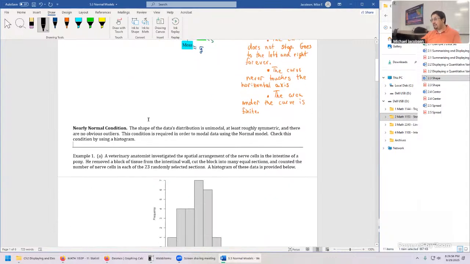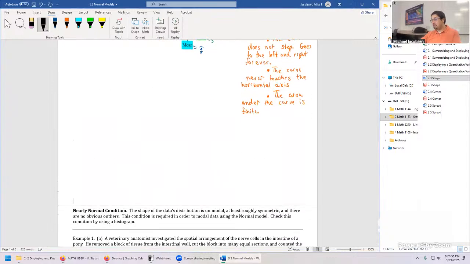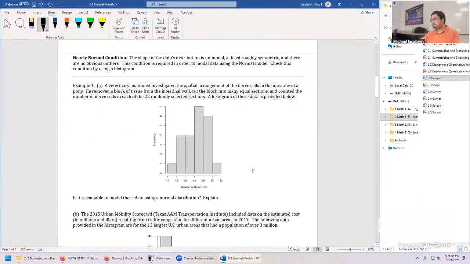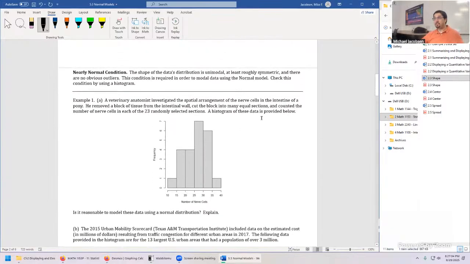And here's a couple scenarios using this nearly normal condition. So this is some interesting context. If you're into the veterinarian sciences, it probably doesn't seem that morbid, but for a lot of people, it's kind of wild data. This is real data as well, it turns out. We're told a veterinary anatomist investigated the spatial arrangement of nerve cells in the intestine of a pony.